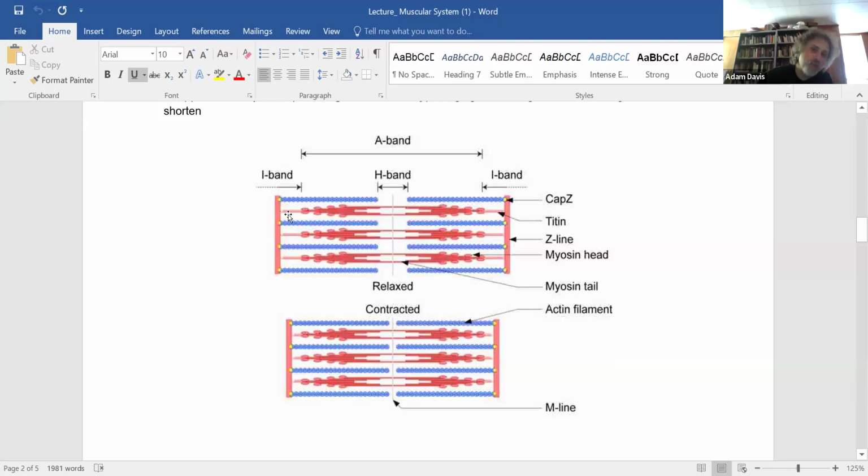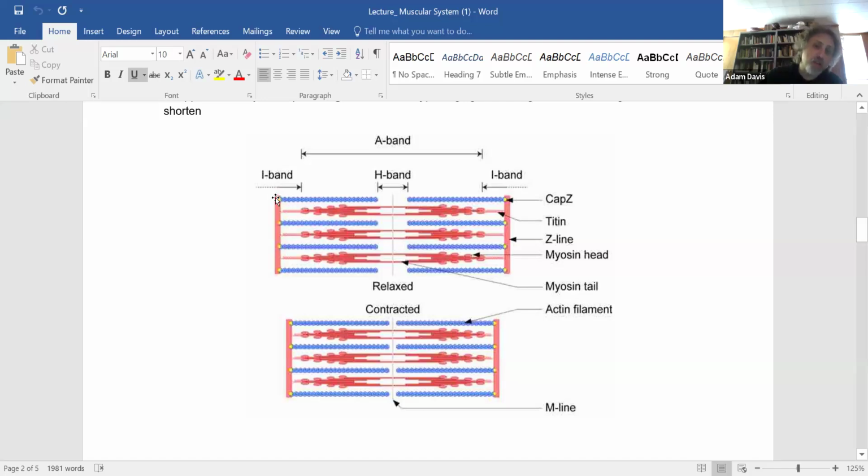That little bit I'm highlighting here at the moment is not part of the thick filaments. That's a little band of elastic filaments that anchors it in place. So the thick filaments start from the M line in the middle, but they don't go all the way to the Z disc at the end.